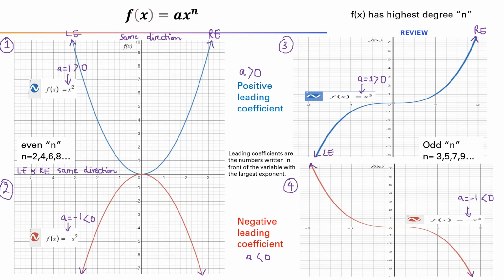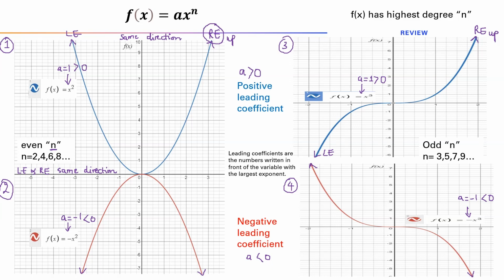So we just have to remember that if the right end goes up, it means we have a positive, because for the even n, the left end has the same direction, so it goes up as well.